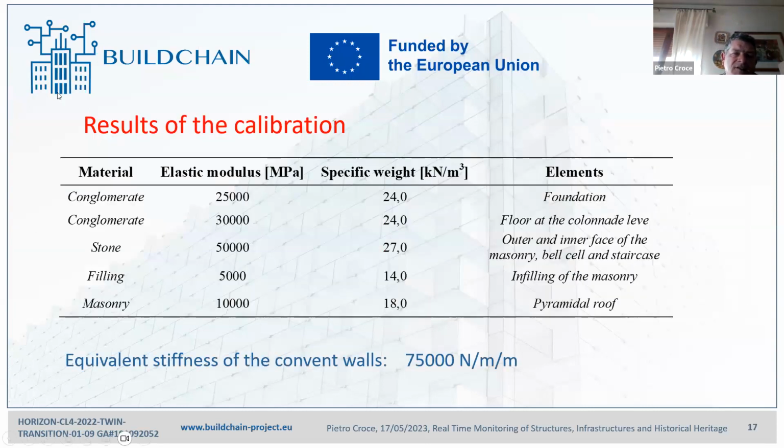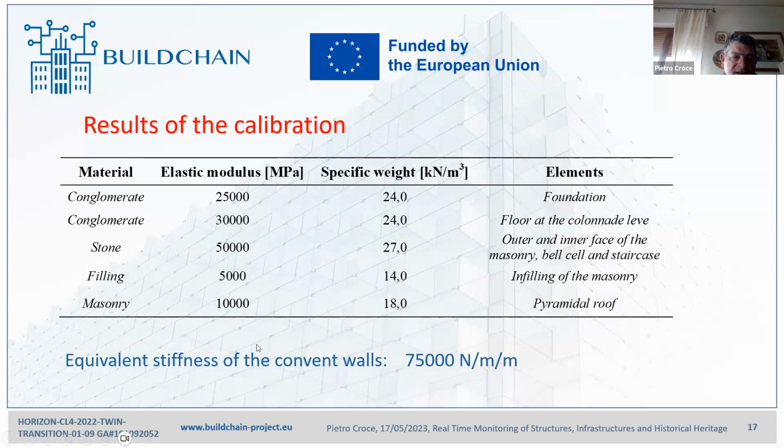The result of the calibration is summarized here. We have the elastic modulus and the specific weight, which allow us to match the response of the finite element model with the experimental one.